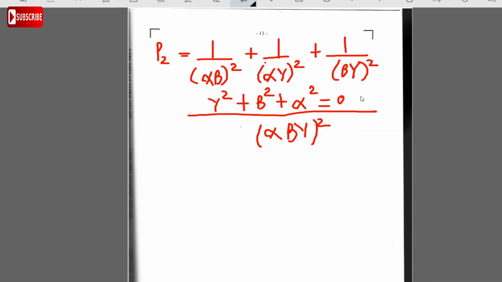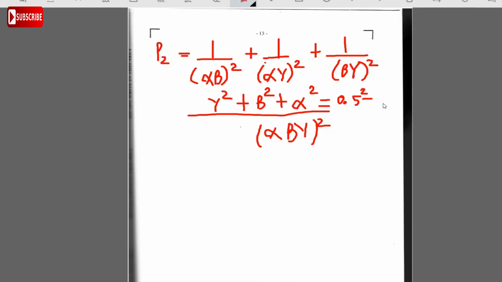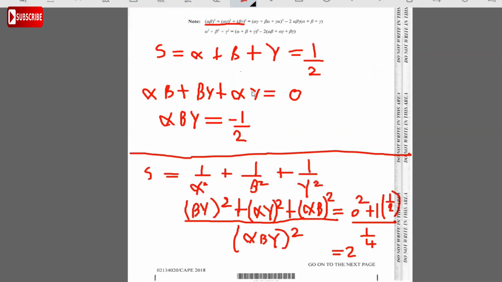So it's a half squared minus 2 times 0, over alpha beta gamma all squared.